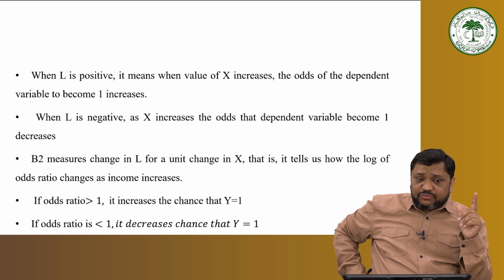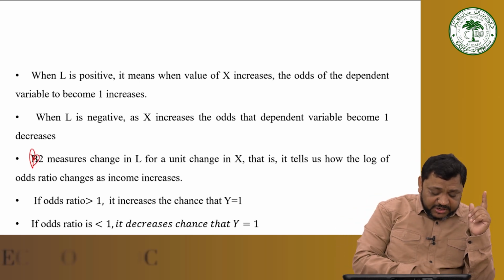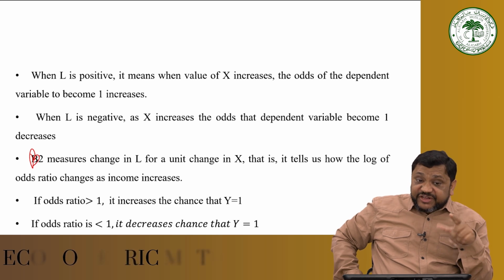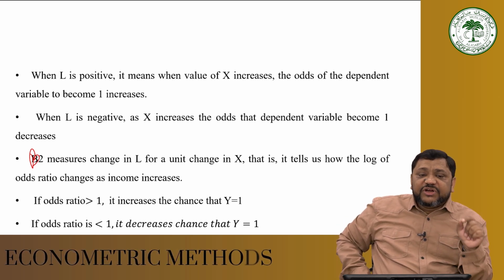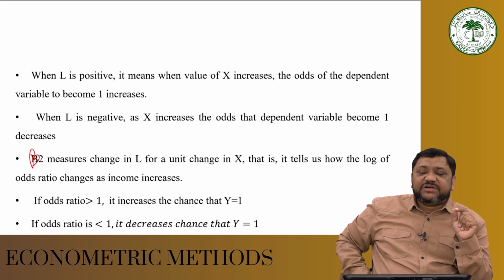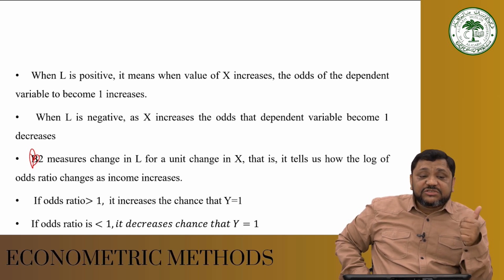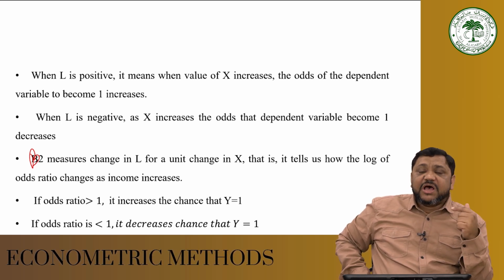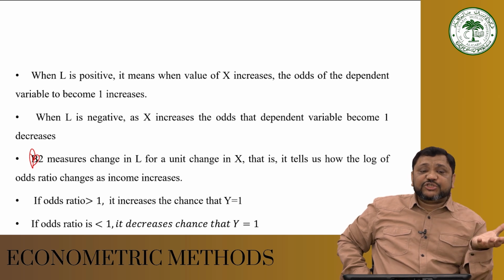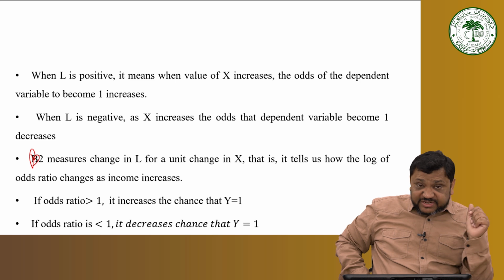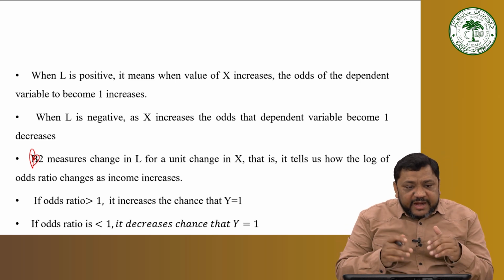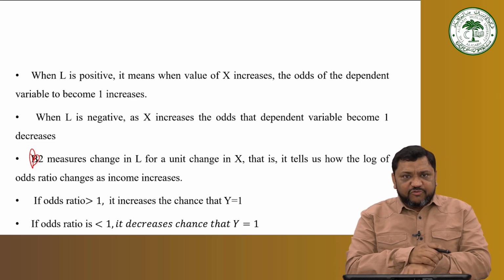Your beta 2 measures the change in L for a unit change in x. That is, it tells us how the log of the odds ratio changes as income increases. If your odds ratio is greater than 1, it increases the chance that y is equal to 1.